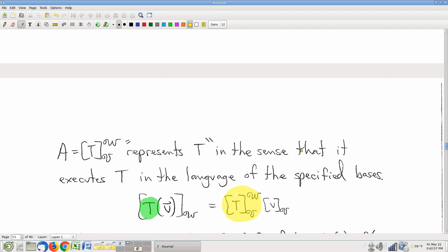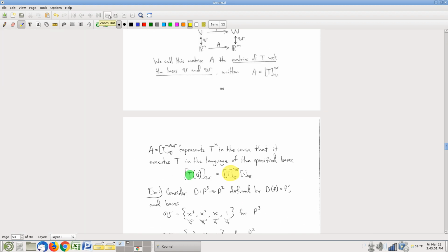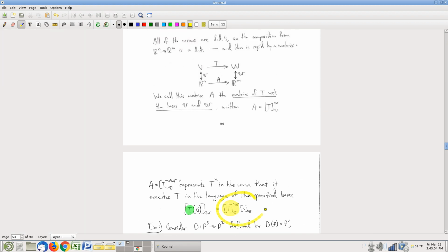So what this is saying is what the matrix does to the coordinates of a given vector, not the vector itself.